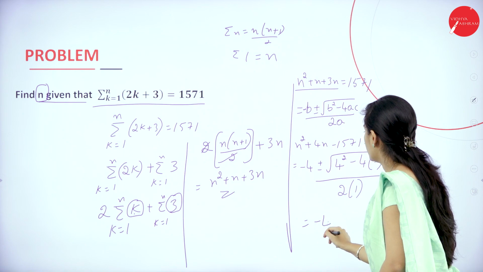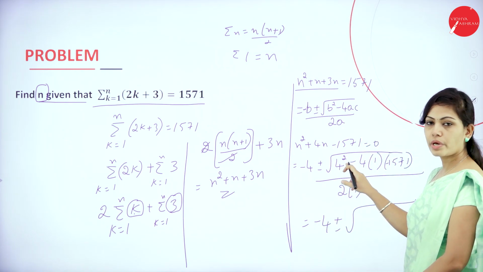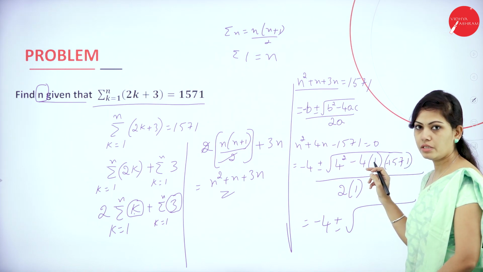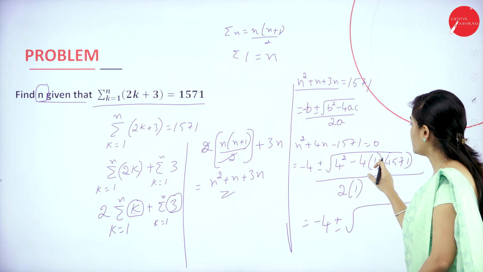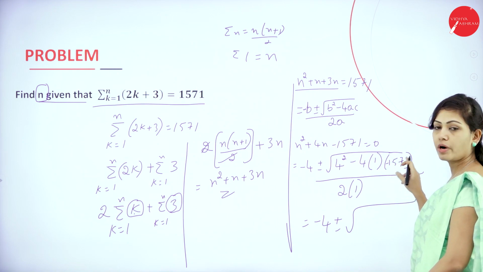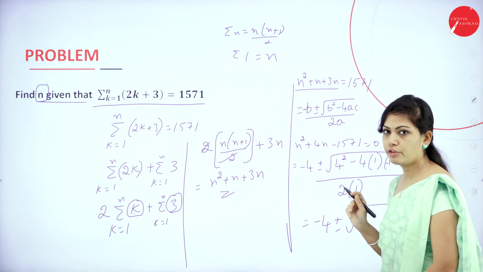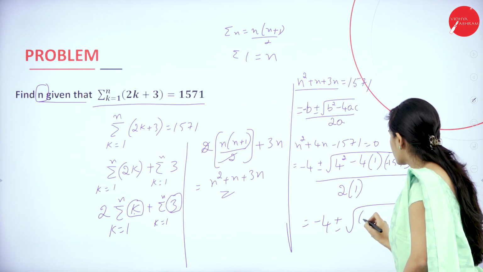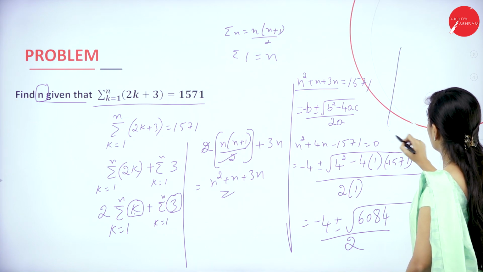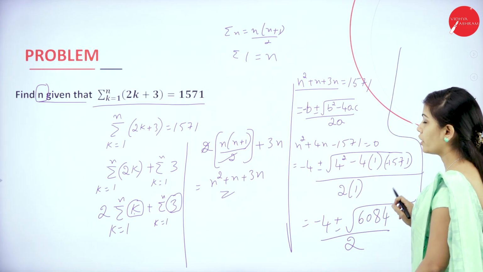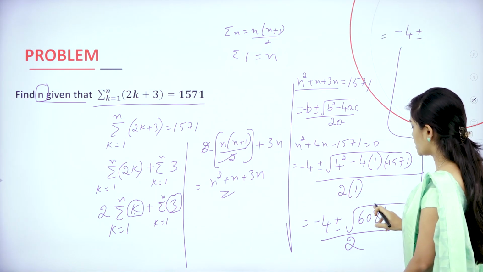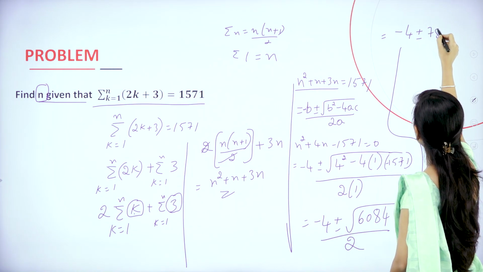So simplify this: 4 square is 16, 16 minus 4 into minus 1571, you will get 6084. Inside the square root we have 4 square minus 4 into minus 1571. You can use a calculator. Now find the square root of 6084, which is 78.